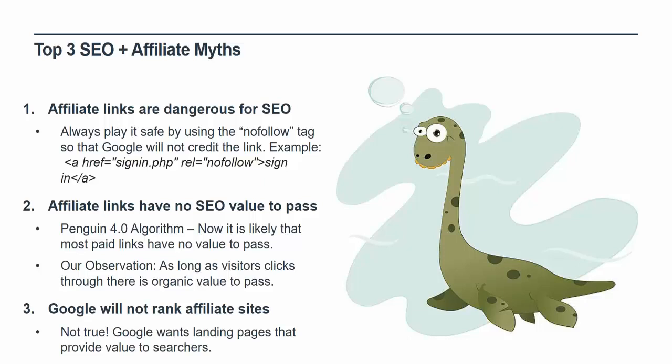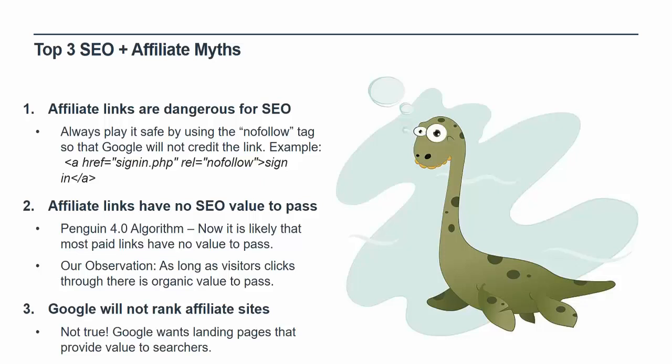Since the latest Penguin algorithm, so Penguin is Google's animal-named automatic algorithm designed to demote sketchy links, it's said that this automatic algorithm is most likely not passing value for most links out there anyway, regardless of if the motivating factor behind it is an affiliate link, a sponsored link, a paid-for link that you got just to promote your own rankings.